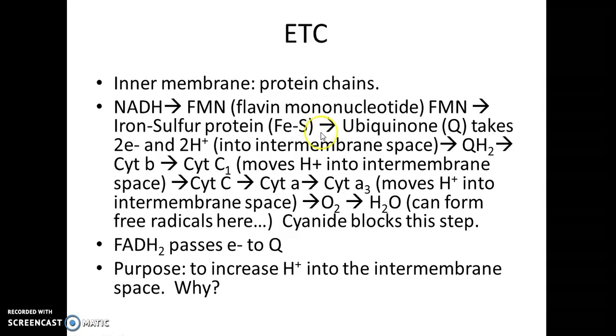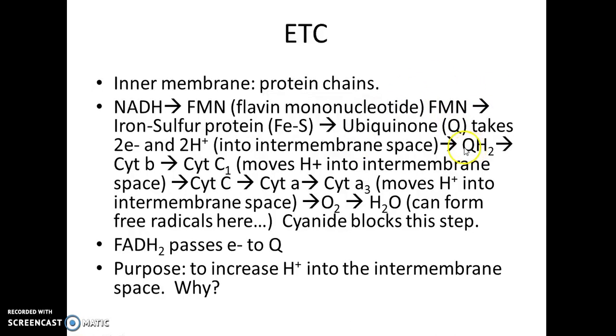FeS passes the 2 electrons to ubiquinone, which is Q. That sounds like plastoquinone, I know. Q takes 2 electrons and 2 hydrogen ions and passes the 2 hydrogen ions into the intermembrane space. Sounds just like PQH2. It is exactly the same thing, except it's moving the hydrogen ions from the matrix into the intermembrane space.